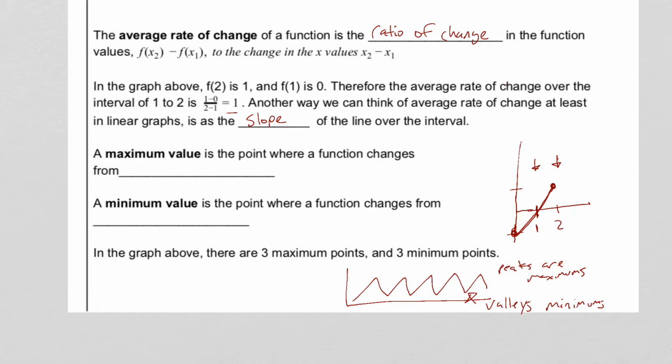So the maximum value is the point where the function changes from increasing to decreasing. And a minimum is the point where a function changes from decreasing to increasing.